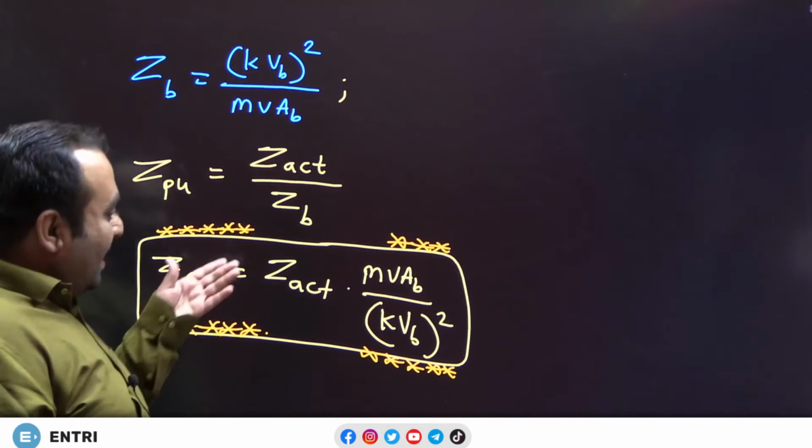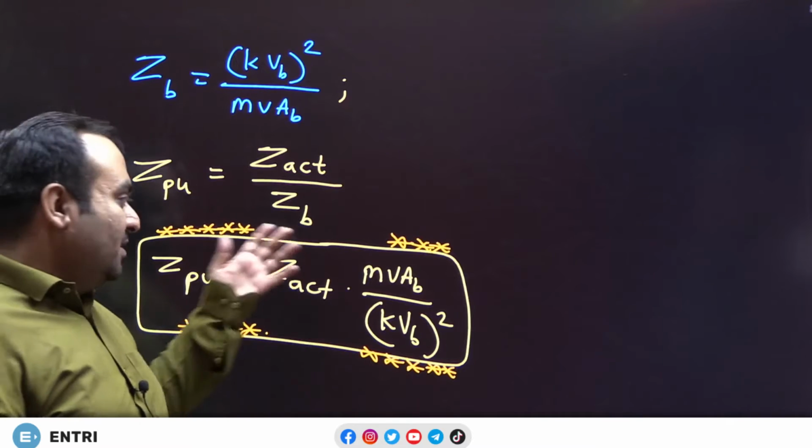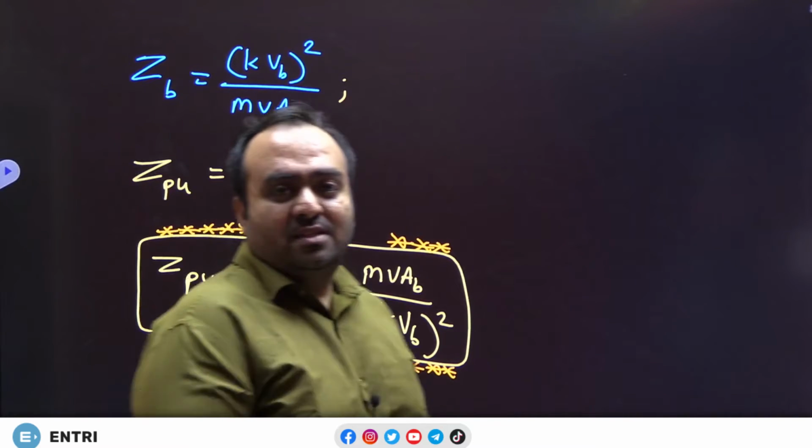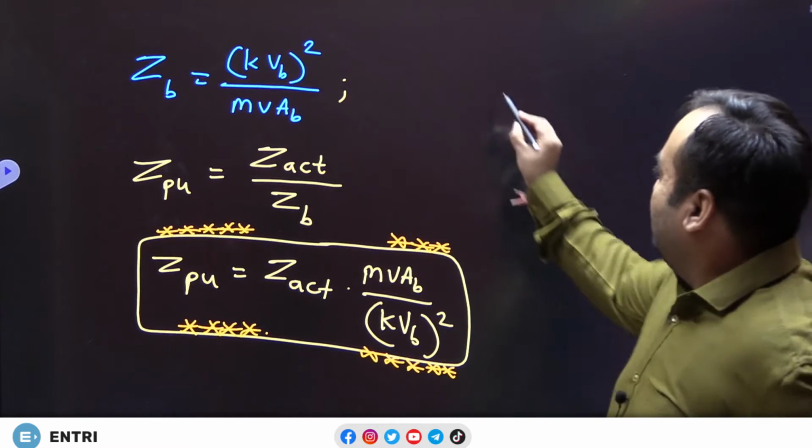So when a per unit value is to be converted into actual value or vice versa, you have to use this relation. A quick example.